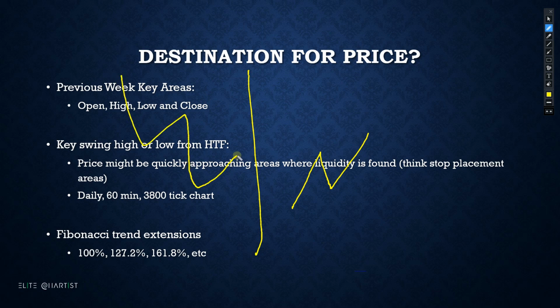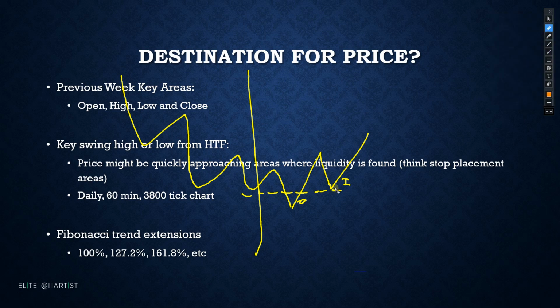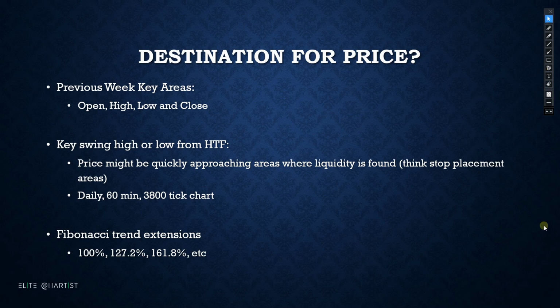This is the previous day, and we were outside and we came inside. Now maybe we want to use our Fibonacci extension tool to project out some targets. That's more like the 127, then the 161.8. You want to use price action with it, but that's just an idea of some ways to target on a day like this.